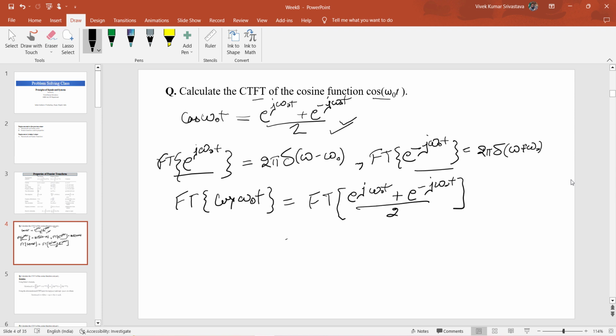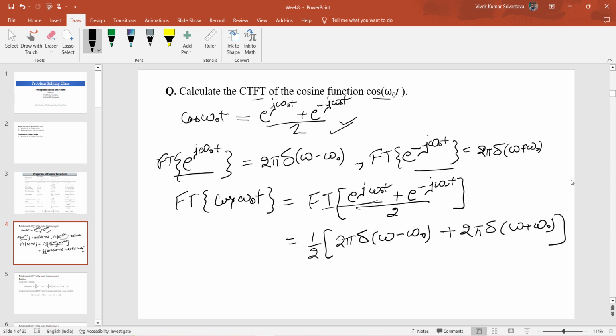I can write this as 1 over 2, taking 1 by 2 common, and then the Fourier transform of e raised to the power j omega naught t, which we can directly write as 2 pi delta of omega minus omega naught, plus 2 pi delta of omega plus omega naught. The 2 we can cancel from numerator and denominator.